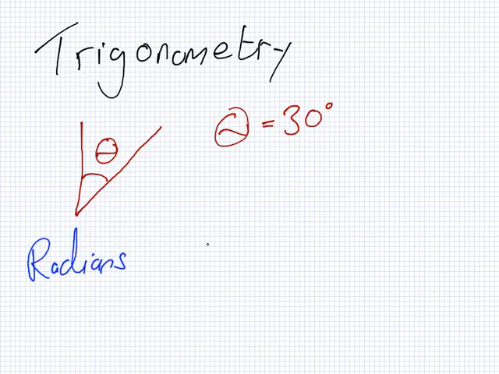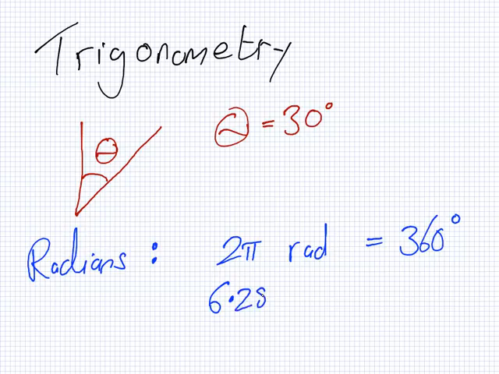And the definition of a radian is that 2 pi radians is equal to 360 degrees. Or if you want it in decimals, it's roughly 6.2830 radians is roughly 360 degrees. So you can see a radian is actually quite a big unit for measuring angles.